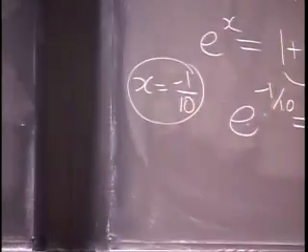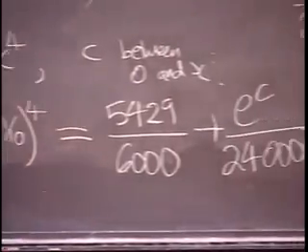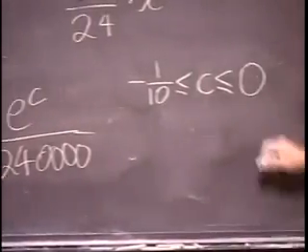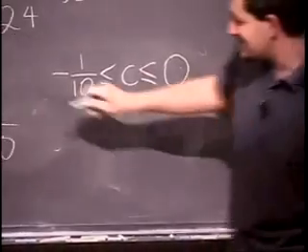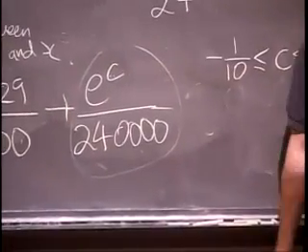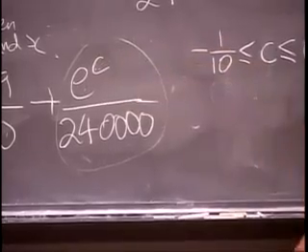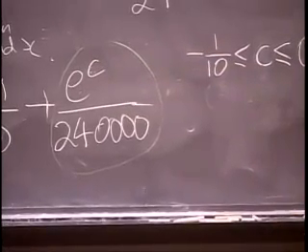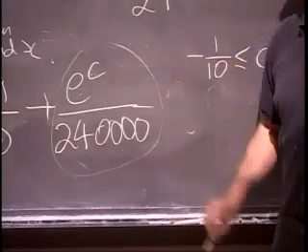So I know that c is in a very tight little region between minus a tenth and 0. In particular, how large could e to the c be? It could be no more than 1, because when c is less than 0, this is actually a little less than 1.